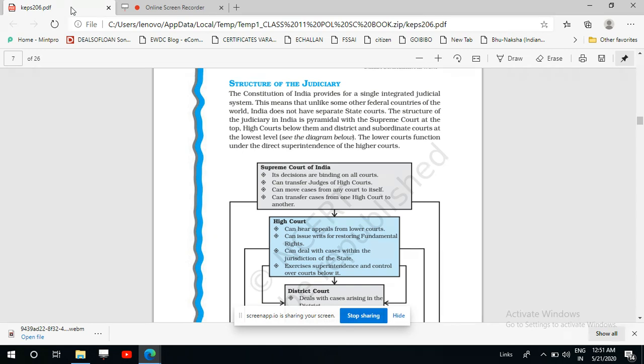Yesterday, we started our discussion regarding the structure of the judiciary in India. I told you that in spite of being a federal country, India has adopted the integrated judicial system, under which our judiciary is not a part of the central government or the state government.